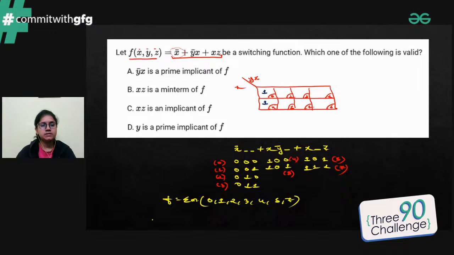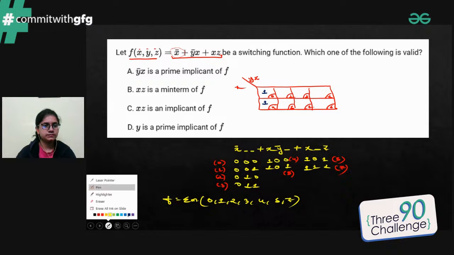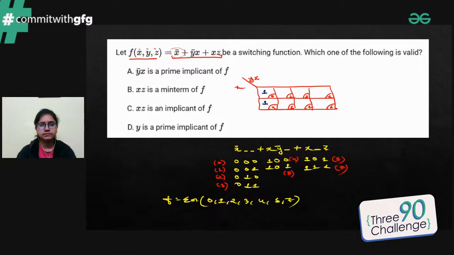So only one space is left, which is of 6. Okay, let's leave the space for 6. So this space is left.